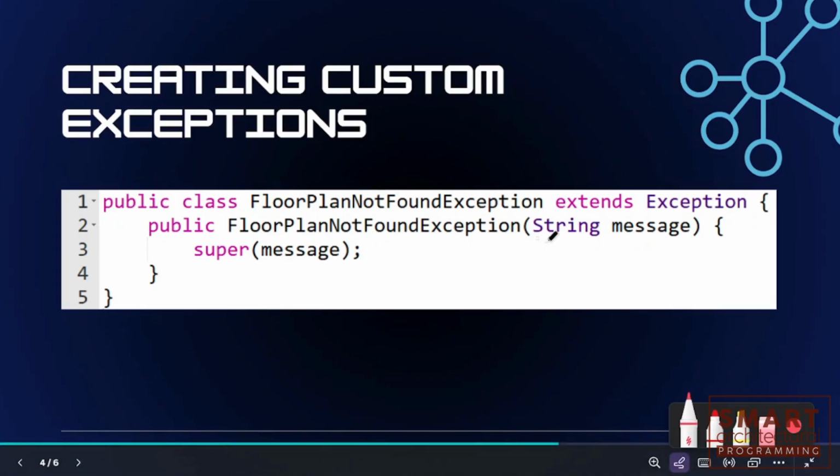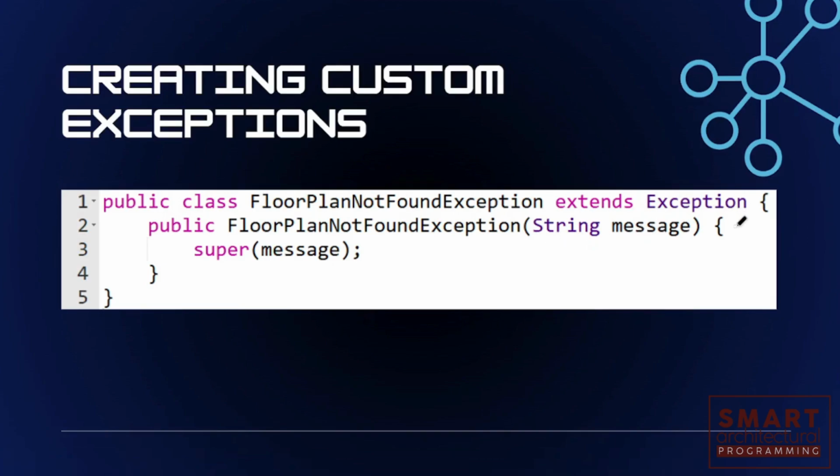We define this custom exception that extends the Exception main class and creates a subclass, FloorPlanNotFoundException. By doing this, you make it a checked exception when you extend the main Exception class. You can also extend RuntimeException itself if you want an unchecked exception. To learn the difference between checked and unchecked exceptions, go back to our previous video on exceptions themselves.